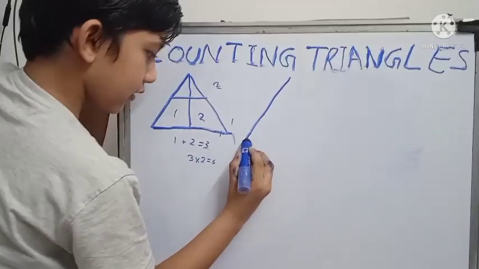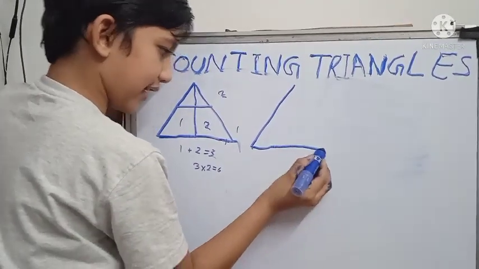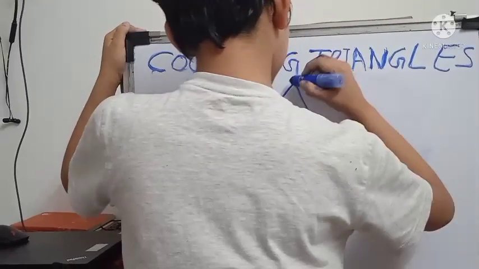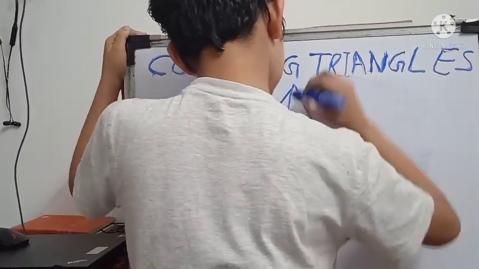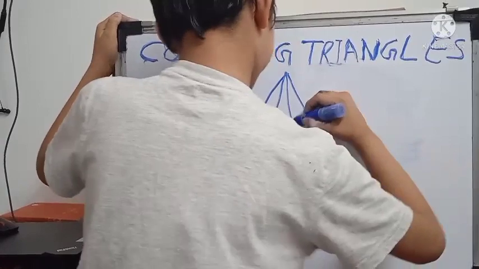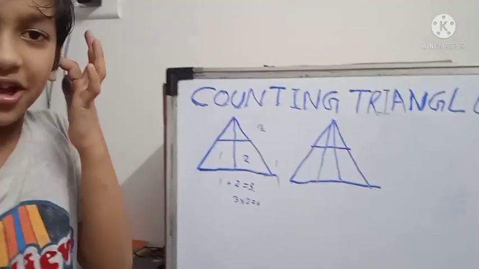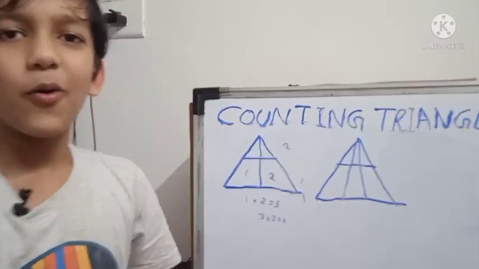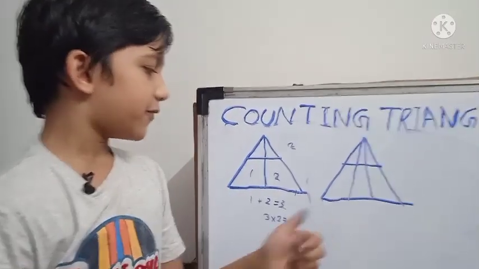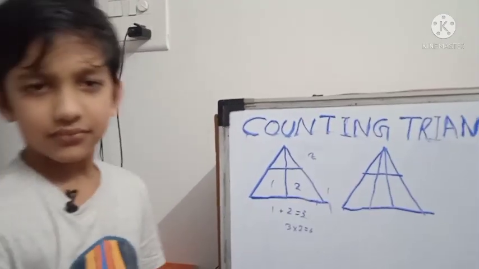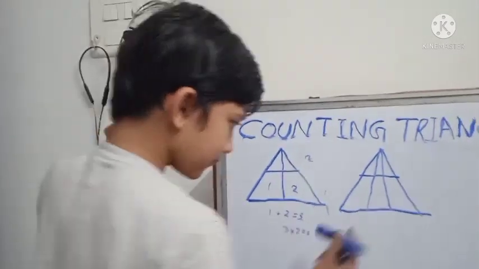So our second triangle will be something like this. Yeah, you must be wondering why I only increased the number of the vertical lines. I will tell you later on.